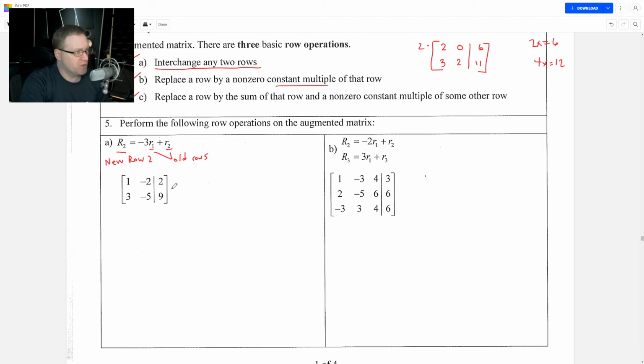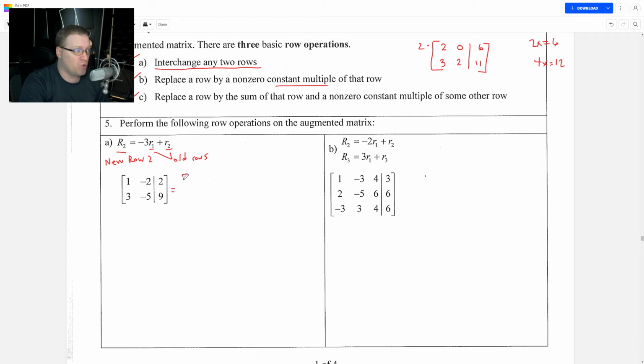So what is this saying? It's saying that our new row 2 is going to be -3 times our old row 1 plus our old row 2, all right? So that means we are changing row 2. We are not changing row 1. There is no big R1 here, right? It's just big R2.